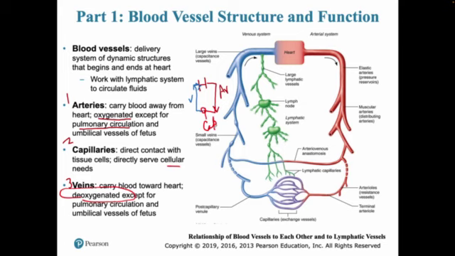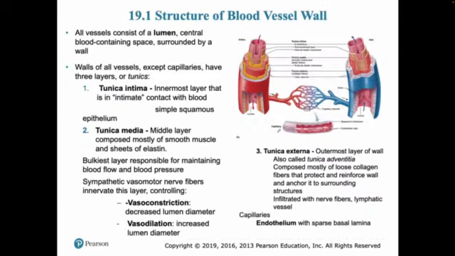They are tiny, super tiny. All right. Like arteries, veins carry deoxygenated blood, except for pulmonary circulation and umbilical vessels of the fetus. In both cases, they can carry oxygenated blood as well. If you don't remember what pulmonary circulation is, please refer to the heart, chapter 18.